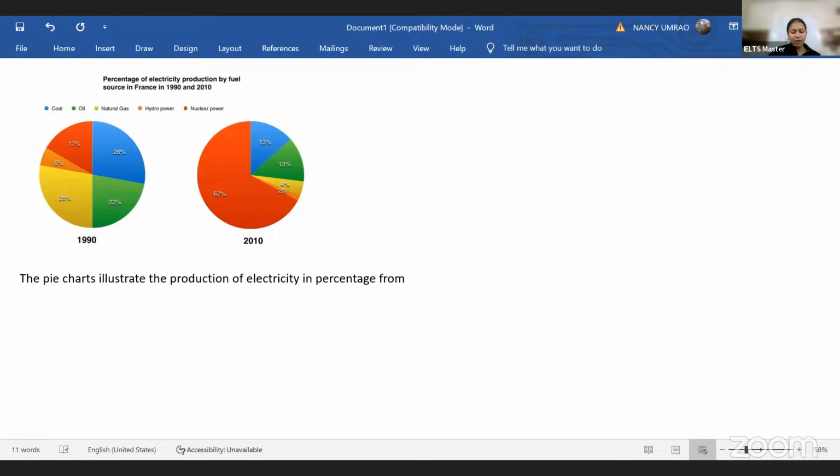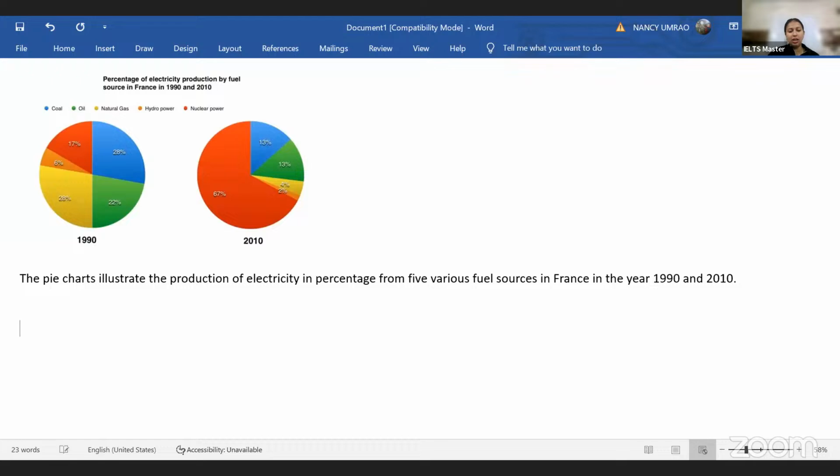From 5 various fuel sources. Is that clear? In France, in the year 1990 and 2010. Full stop. So this is how we write the introduction.